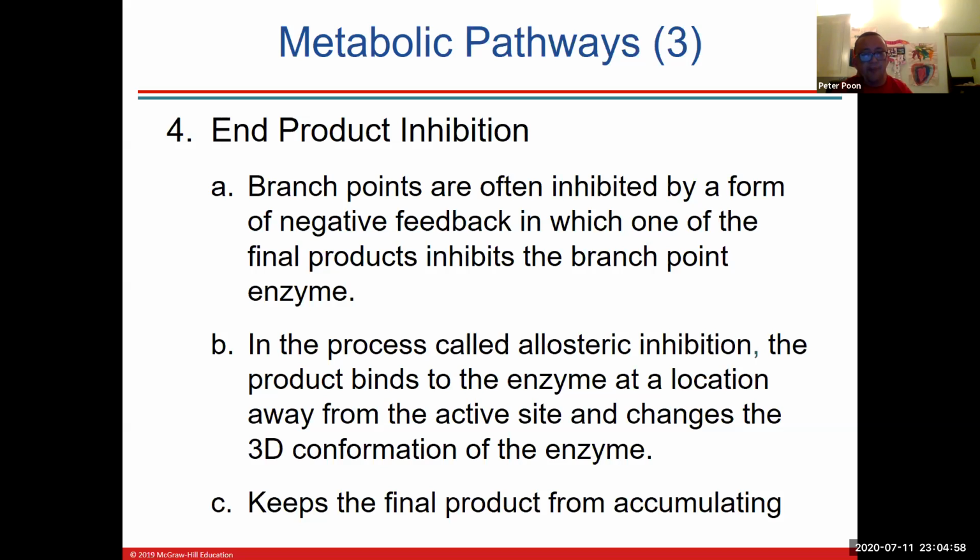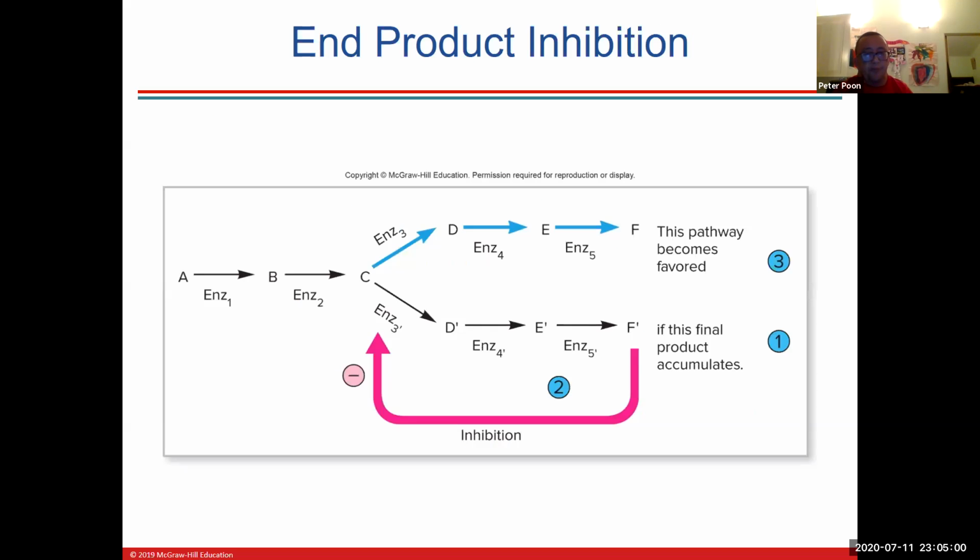Here we have two pathways. If we have too much F prime, it will plug into enzyme 3 prime here and block this pathway, and therefore you'll get this pathway.